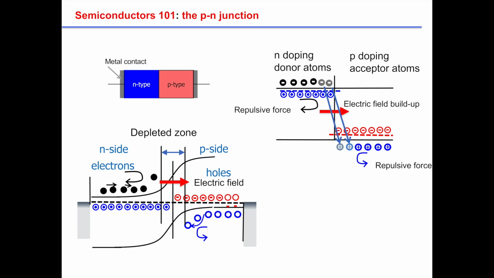So this is called the p-n junction, and then in equilibrium, electrons will remain on one side, holes will remain on the other side. That's the way to know it. Equilibrium, nothing happens, of course.